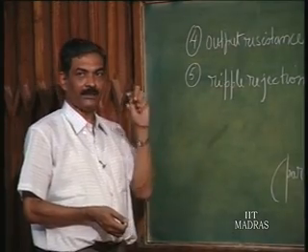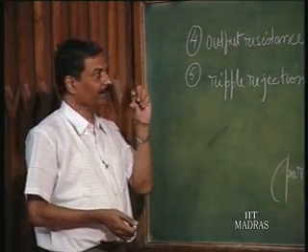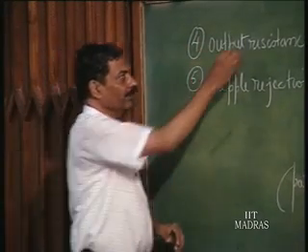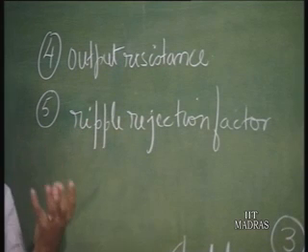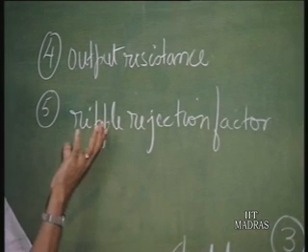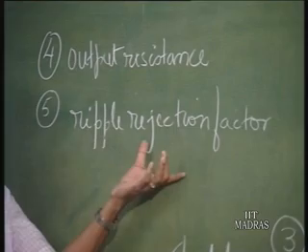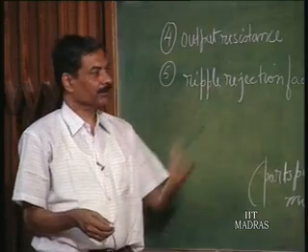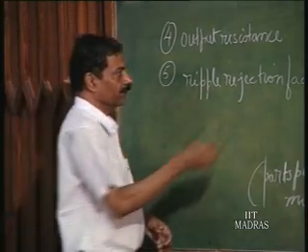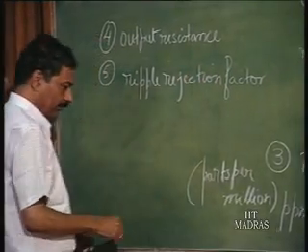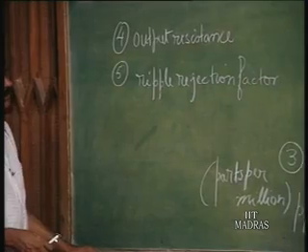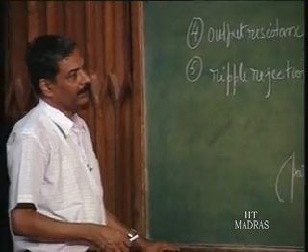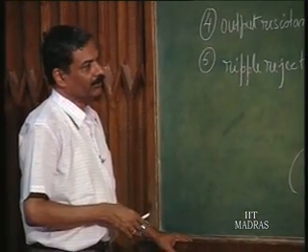This ripple voltage is going to be very small, and therefore, this is also included as one of the small signal parameters. How nicely your regulator circuit is able to reject the ripple at the output. So, this is ripple rejection factor.